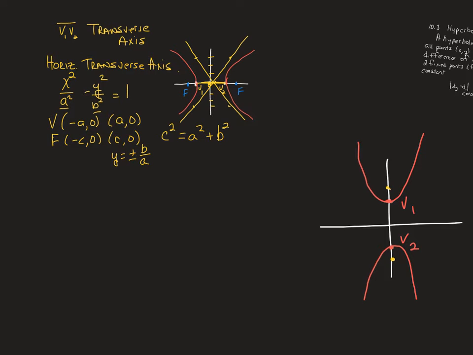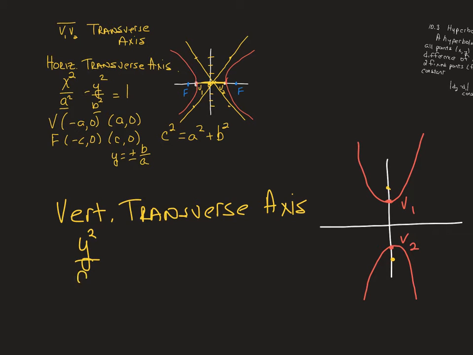If we want the equation for a vertical transverse axis, we have y squared over a squared minus x squared over b squared equals 1. A squared always goes under the first term. Our vertices are going to be 0, negative a and 0, a.